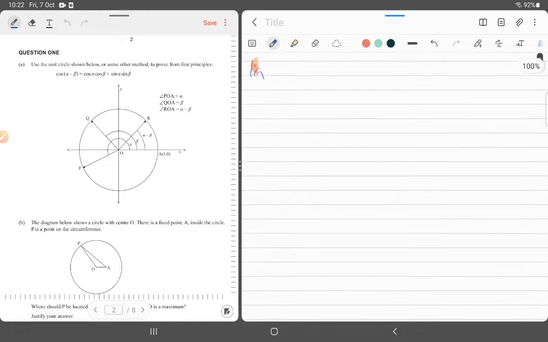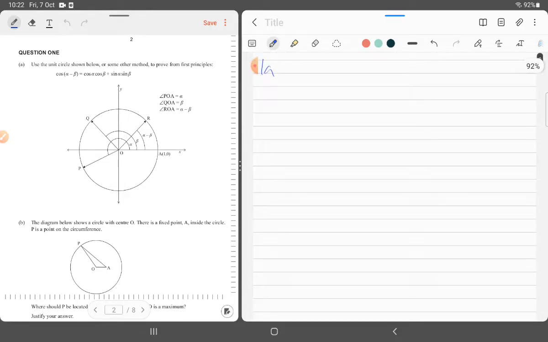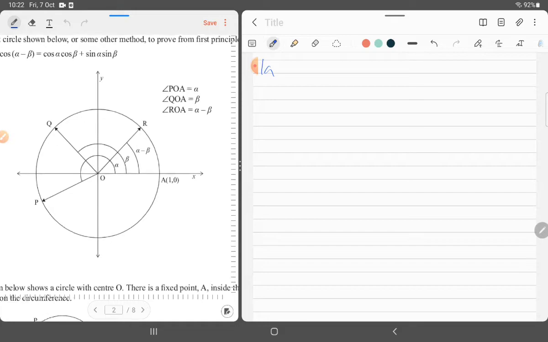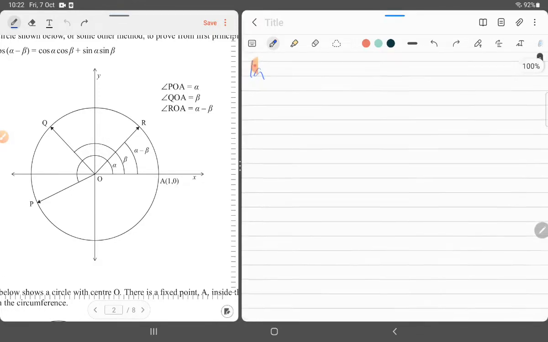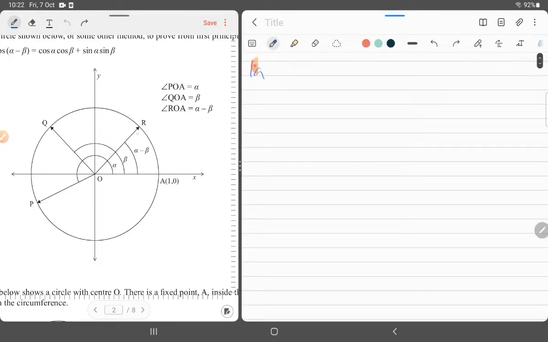Question 1A. So let this distance be from O to R. We can also see that this angle here is actually also alpha minus beta.